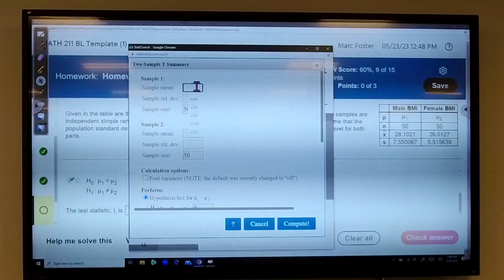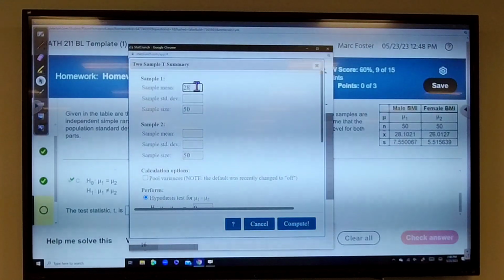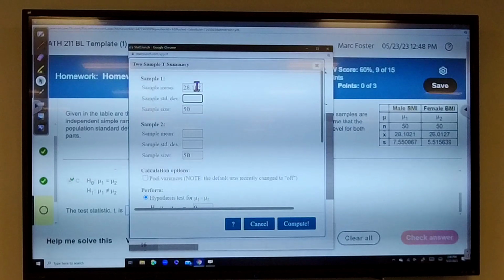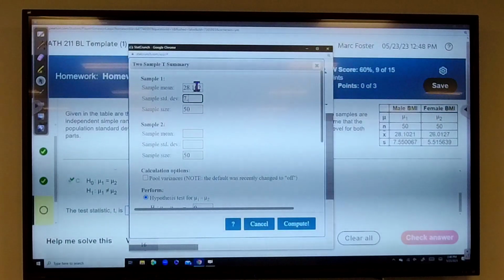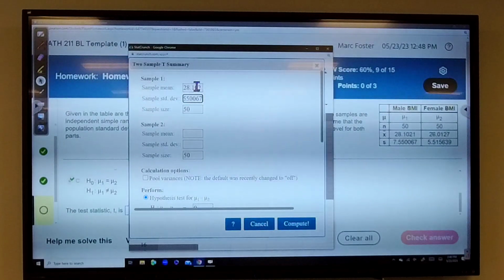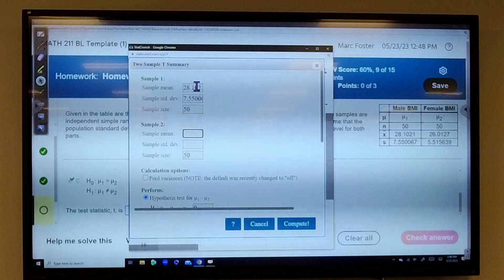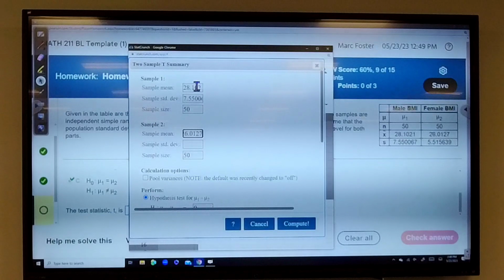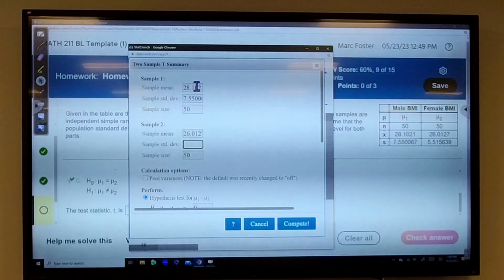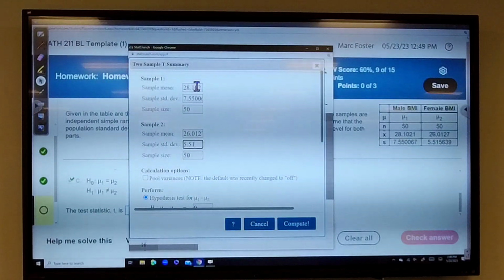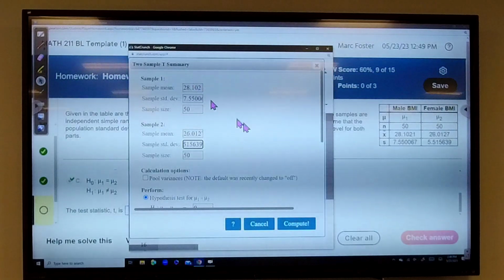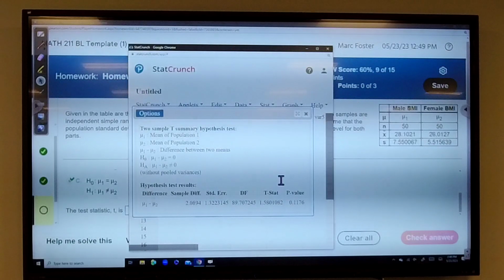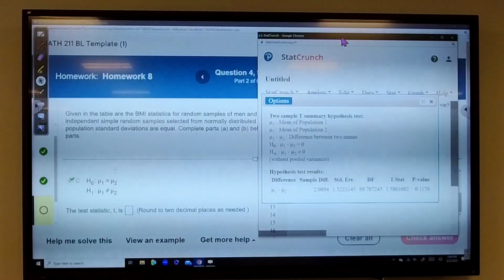For the males, the average is 28.1021. You're going to have to put in all those digits, 7.550067. And that's the good thing about the options edit, is that you can only type it in once. I've got my test statistic, I've got my p-value.